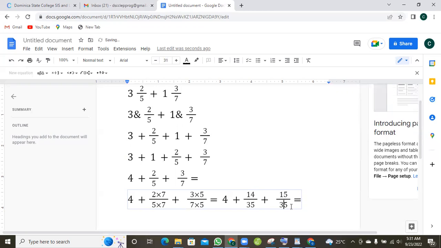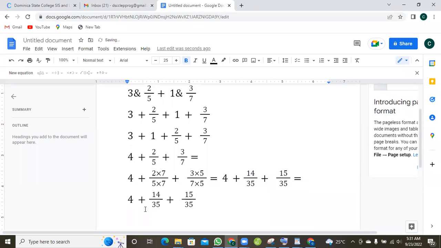So now our denominators are common. We simply add numerators. So we are going to get 14 plus 15 over 35. We have to keep the common denominator. Don't add the common denominator at all.